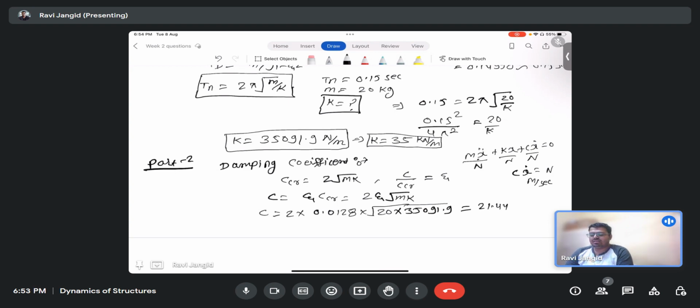So what should be my unit for the C? C should be Newton times second per meter, so it cancels out and the force becomes Newton. So my unit would be Newton second per meter.